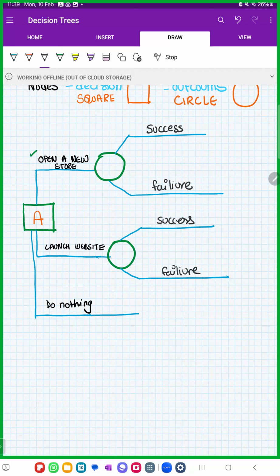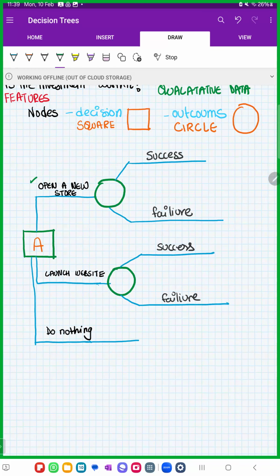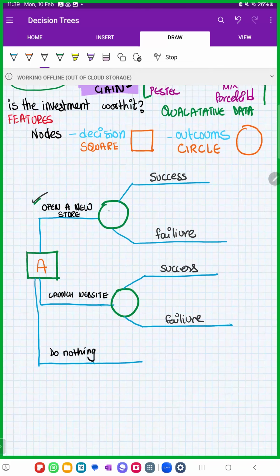So far clear? So the circles are showing the possibilities, the outcomes. If I make a decision by opening a new store, the possibility of its success or failure could be at a certain percentage. So my circle node is showing the outcome, right?